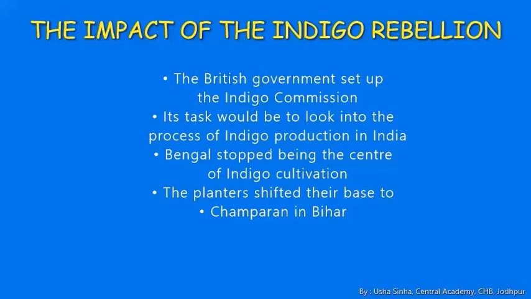In fact, Bengal stopped being the center of indigo cultivation and planters shifted their base to Champaran in Bihar. And later, as we move on with our syllabus, we would see how Mahatma Gandhi came to the rescue of the indigo planters of Champaran in Bihar.